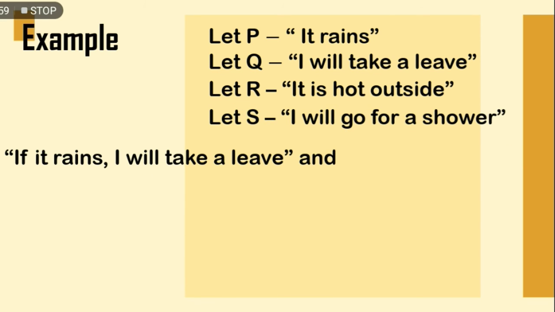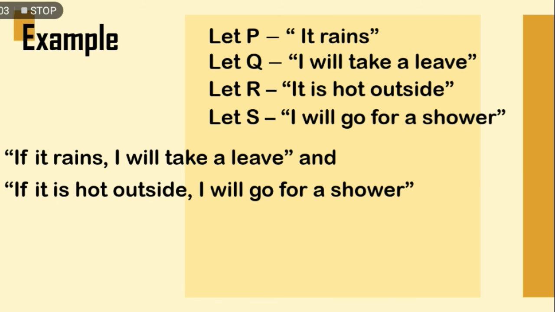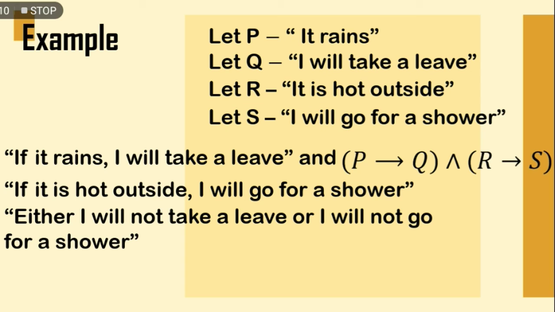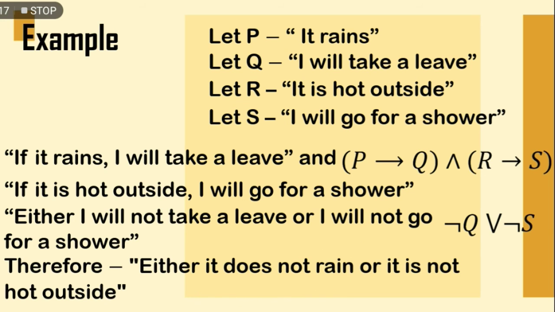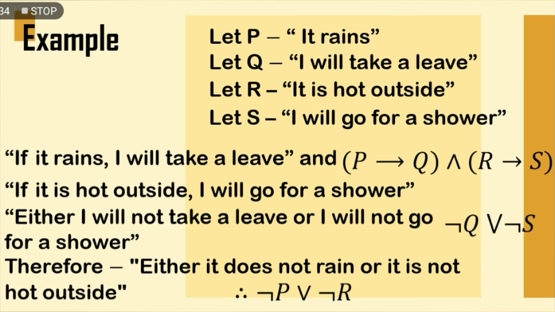If it rains, I will take a leave, and if it is hot outside, I will go for a shower. That's our first premise. Either I will not take a leave or I will not go for a shower. Our second premise. Therefore, either it does not rain or it is not hot outside. And that's our conclusion. So, those are the nine templates or guidelines of the rules of inference.